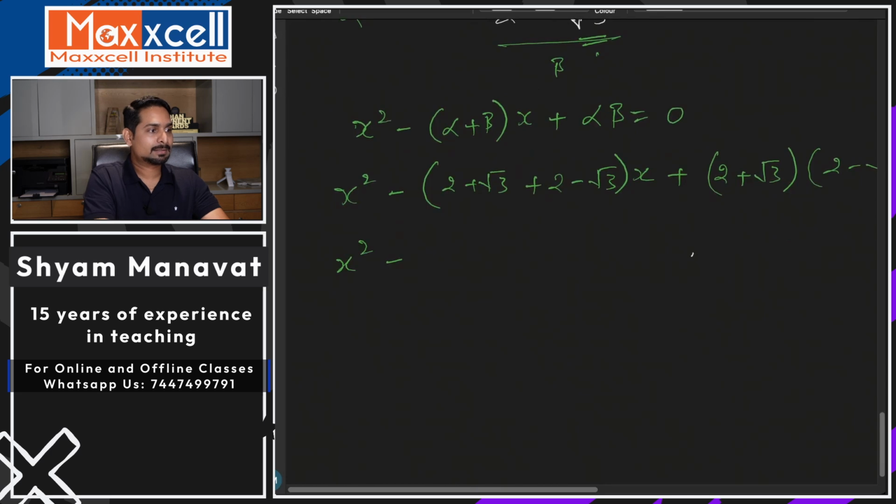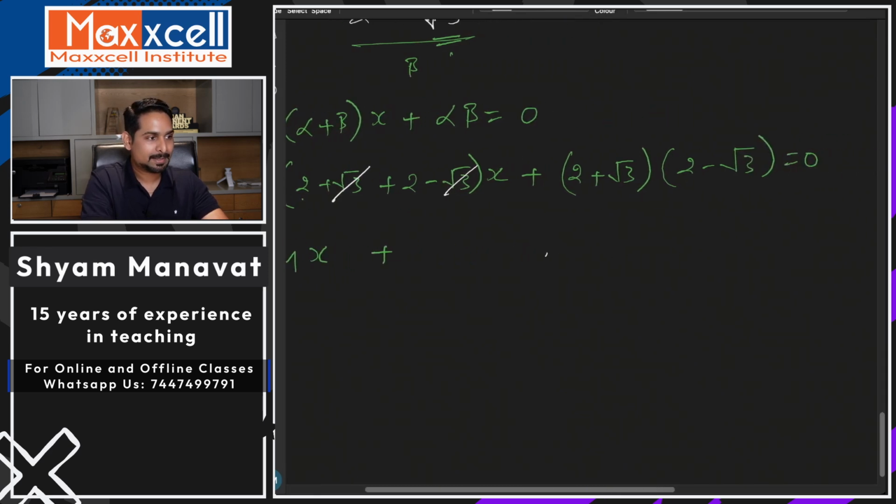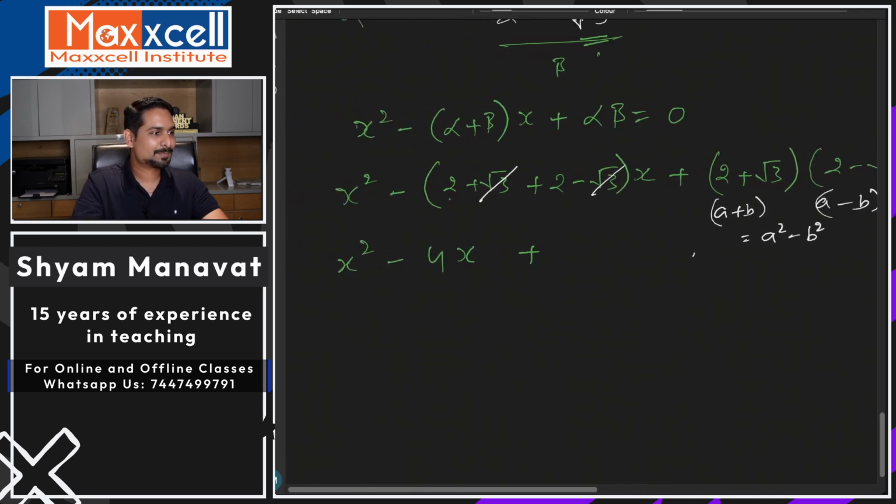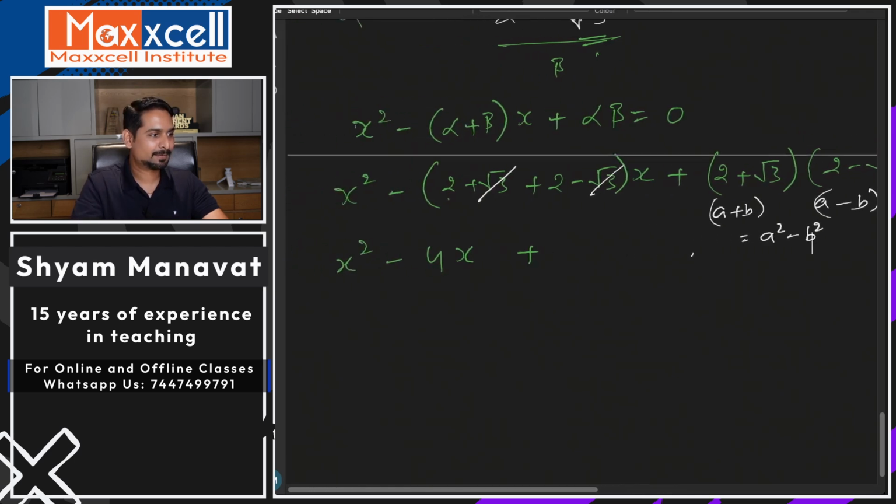Now you can see here plus root 3 minus root 3 is cancelled. So 2 plus 2 is 4. We got this with x, plus, here again you can see a plus b into a minus b, which equals a square minus b square, right? Let me write this again.